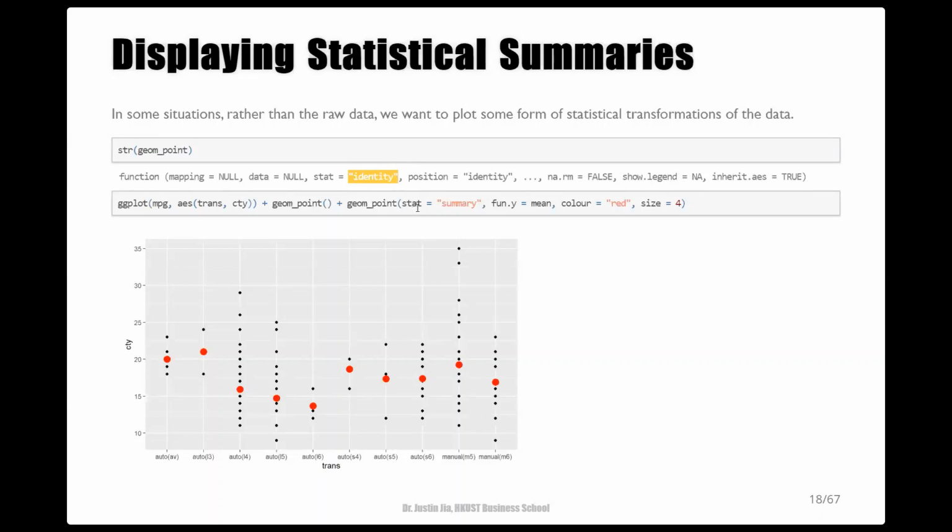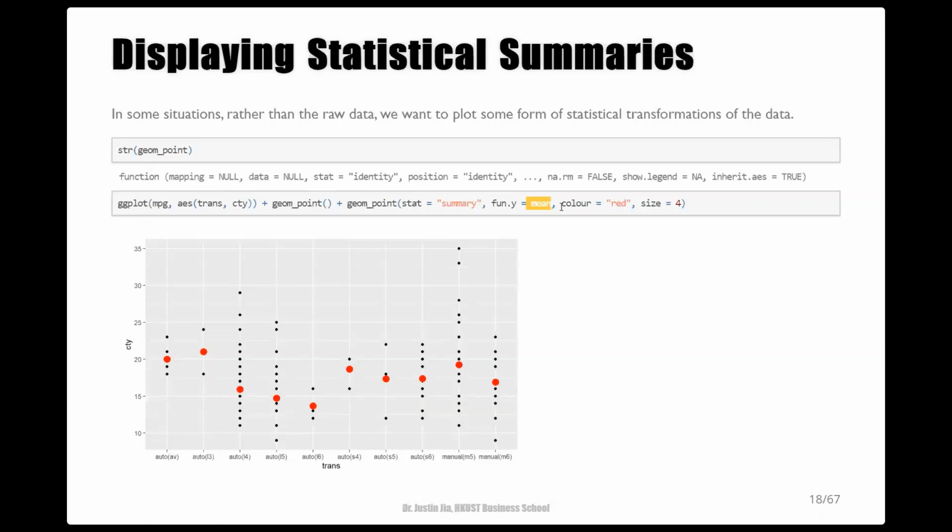In the second call to the geom_point function, I override this default value with the string summary, indicating that this new point layer is going to display some sort of summary quantities. Then I set another parameter, fun.y, to mean, indicating we are going to use the results of the mean calculation to determine the y coordinates of these new points.